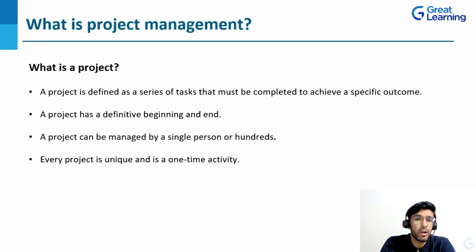Now, when you come into an organization, it works on several different projects, and each project might have some 30 to 40 people or even hundreds of people working on one particular project to get a specific outcome. This one particular project is divided into a series of tasks that get assigned to a particular individual or a particular group of individuals.